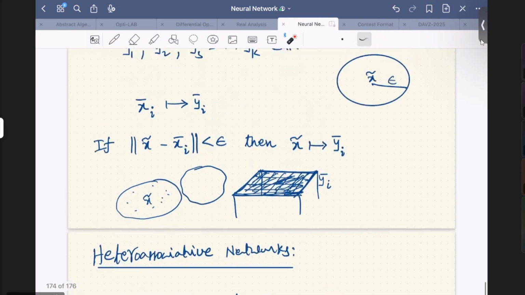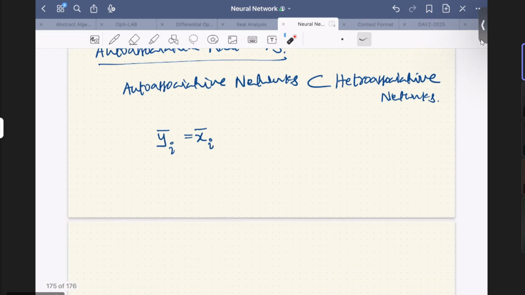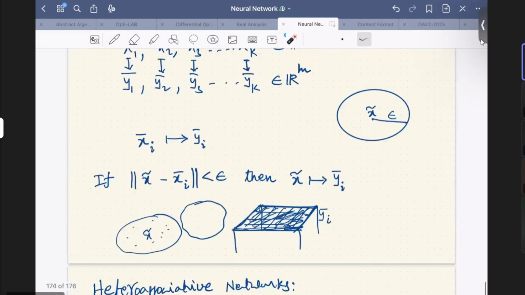Sir, in each case, the epsilon value may change now. Yes, of course. The epsilon is a theoretical thing.